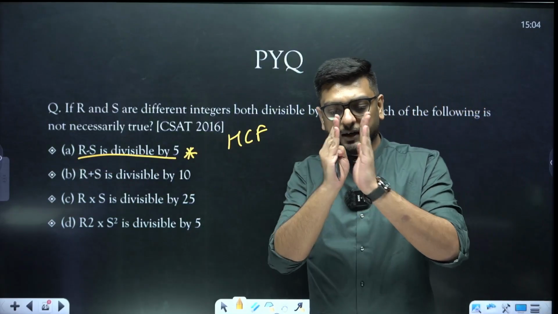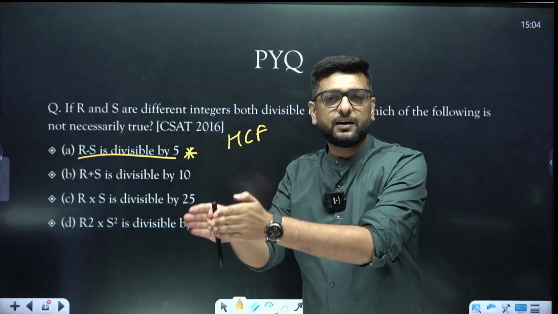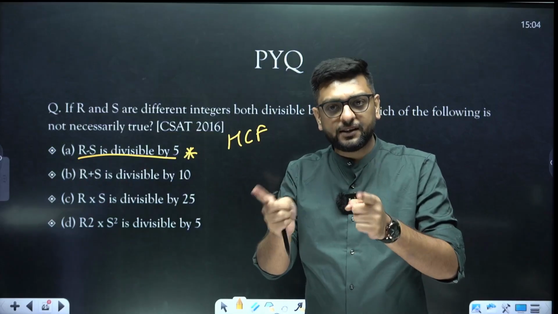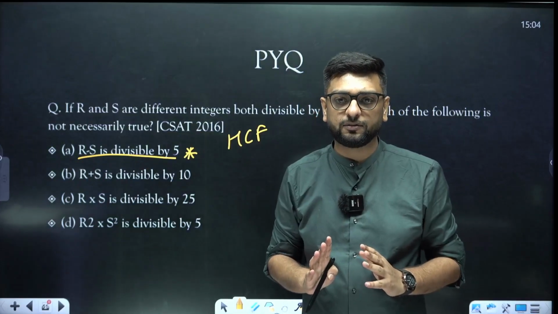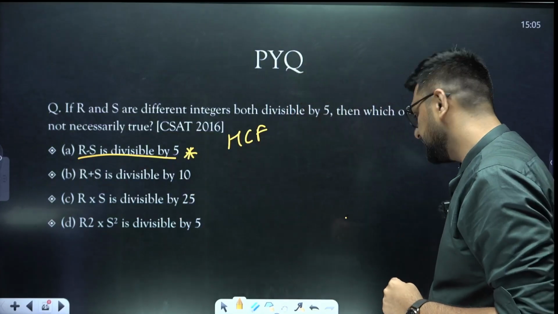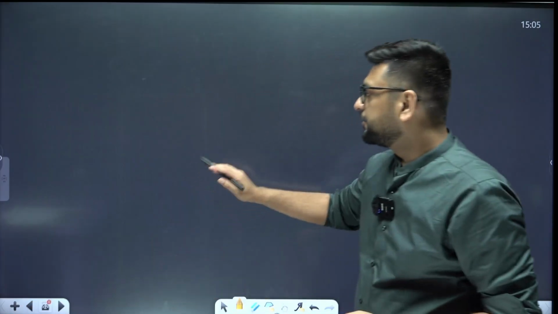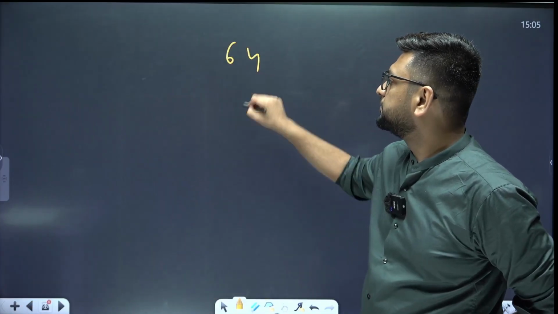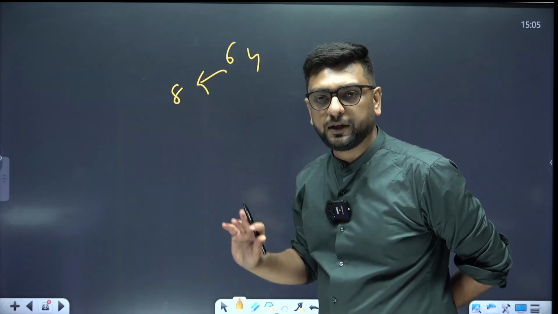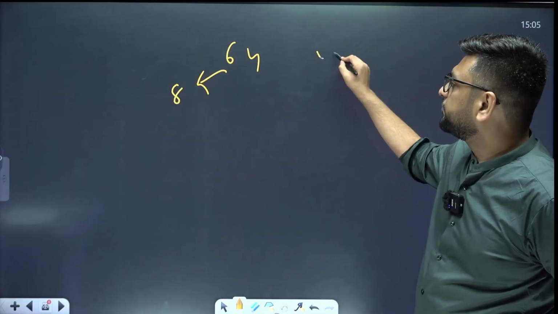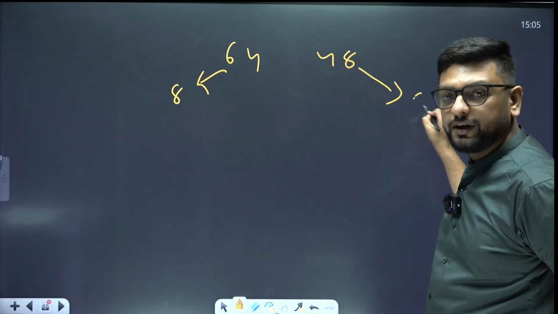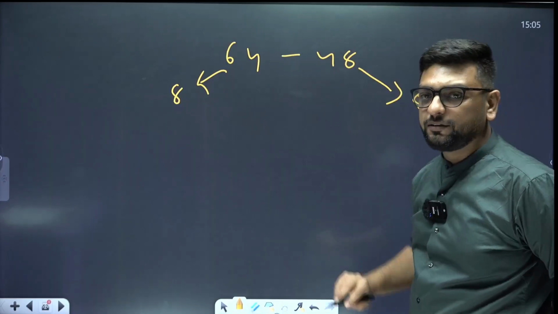If two integers are multiples of a number, then their subtraction is also a multiple of that number. Let's suppose I say that 64 is a multiple of 8. Also, 48 is a multiple of 8. If I subtract 64 minus 48, what will come?